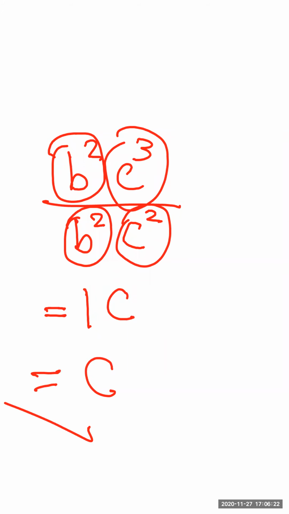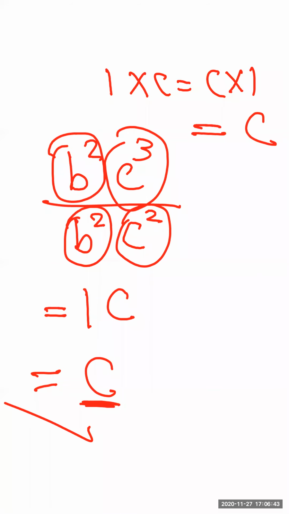That's why I'm not writing 1. So it will equal c, because by default, as we said before, 1 is the multiplicative neutral element, because 1 times c equals c times 1, all will equal c. So no need to add this one. Just write it c.